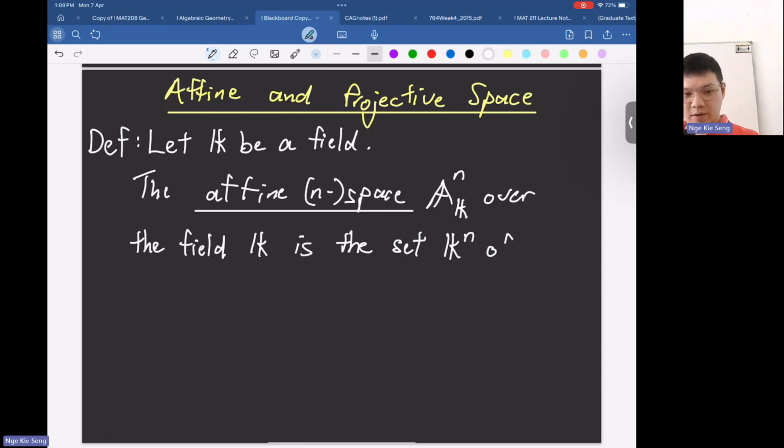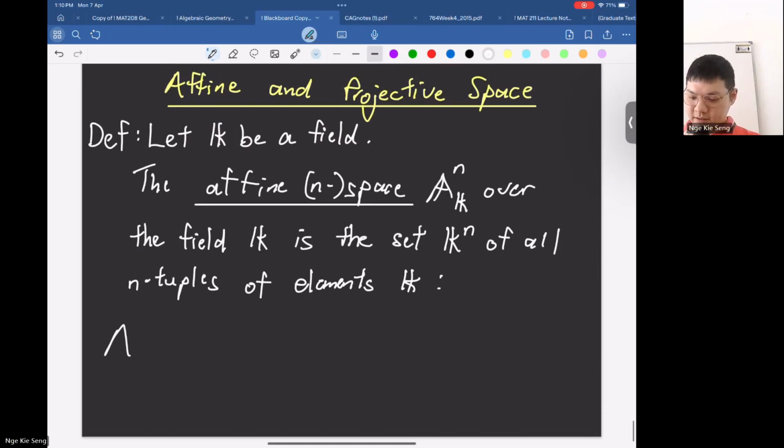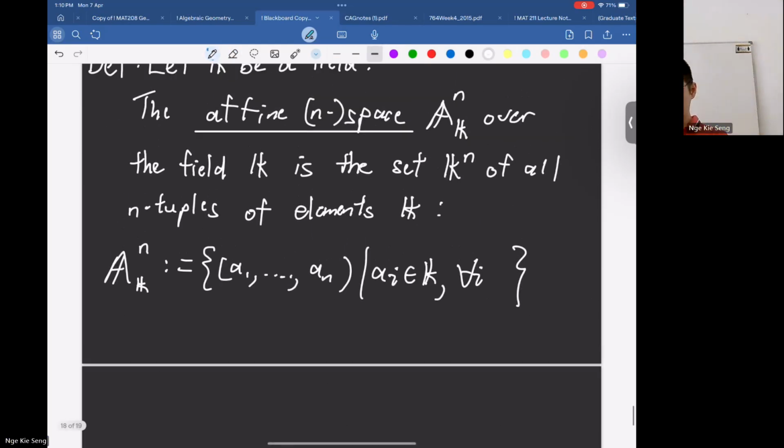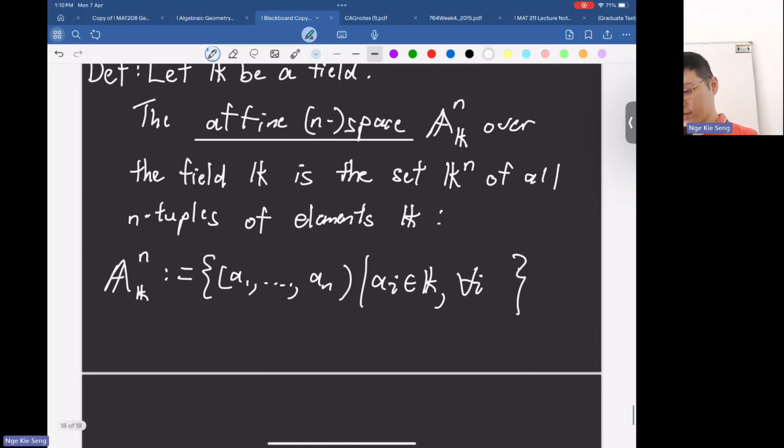So these are all the n-tuples of elements from K. If you write it in set form, you write down the n-tuples as round brackets (a1, ..., an), where you pick these ai from K, for i from 1 to n.